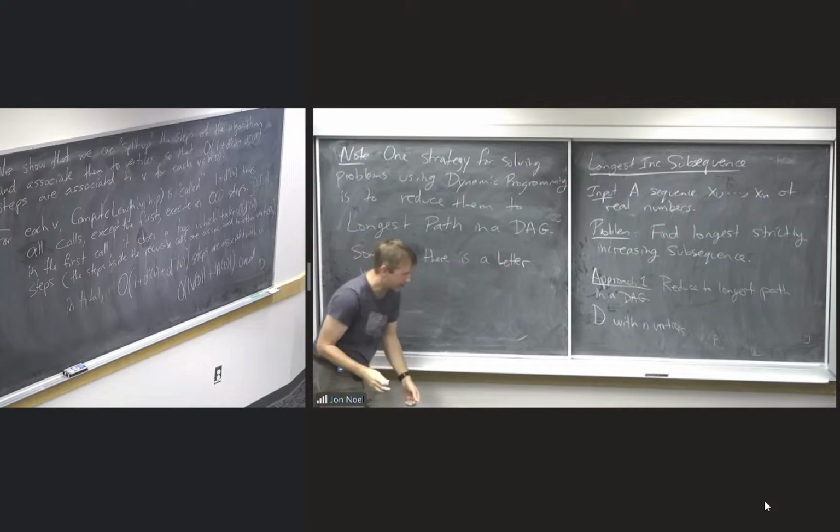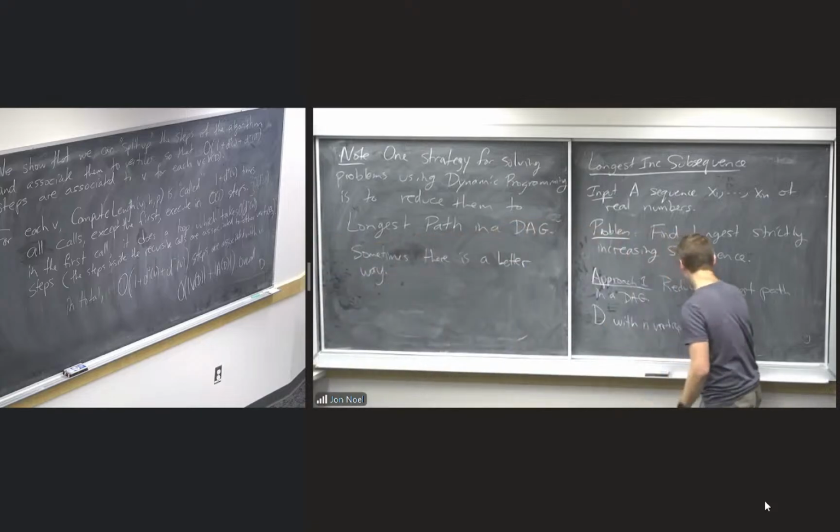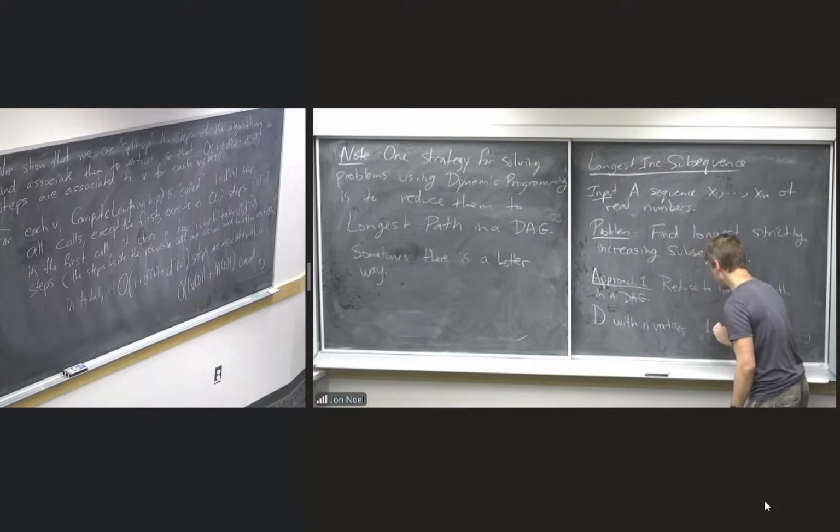Let's say you've got n vertices, which are just the numbers 1 up to n. Any idea how I might define the arcs so that a longest path in D corresponds to a longest increasing subsequence? I also need the digraph to be acyclic, but I think that'll come for free if you get the right definition.